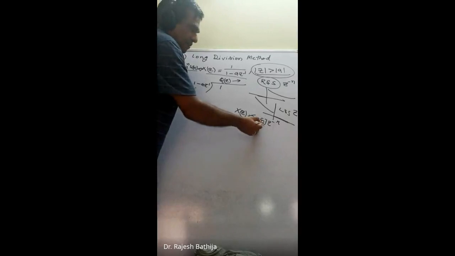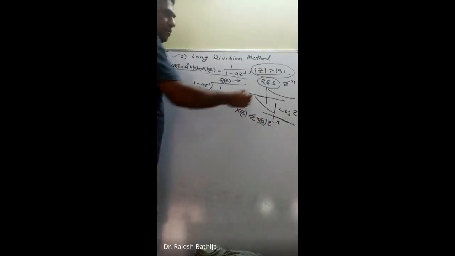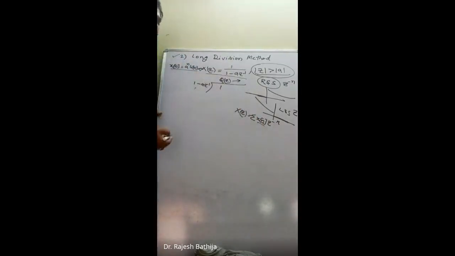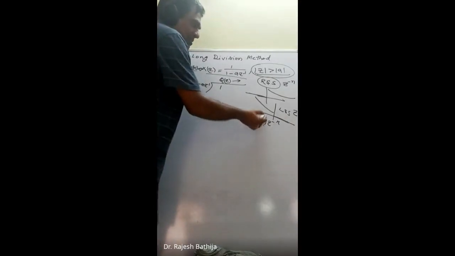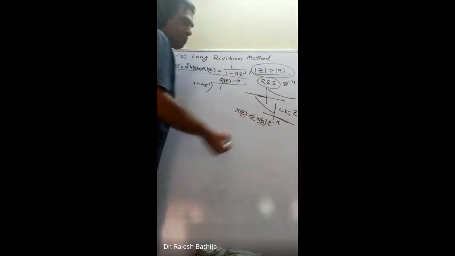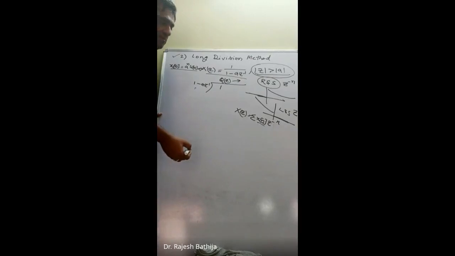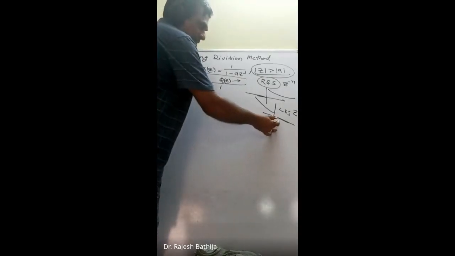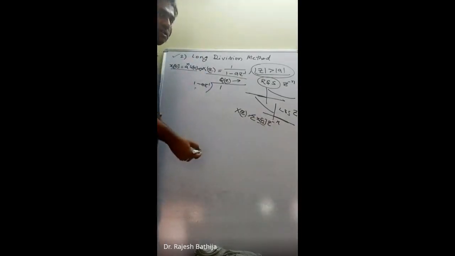And if x(n) is 0 for negative values of n, then the positive powers of z will not come, because for negative n this would be z to a positive power.